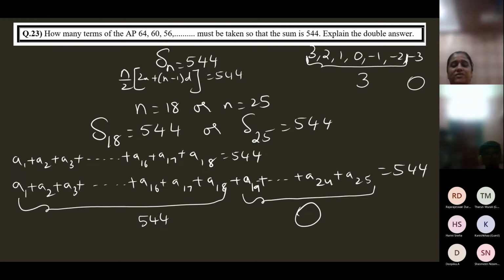So this means the sum from the 19th term to the 25th term is 0. Listen carefully. A1 to A18, the sum is 544. A1 to A25 also the sum is 544. The reason is that from A1 to A18 the sum is 544, and the sum of the rest of the terms, A19 to A25, is 0.